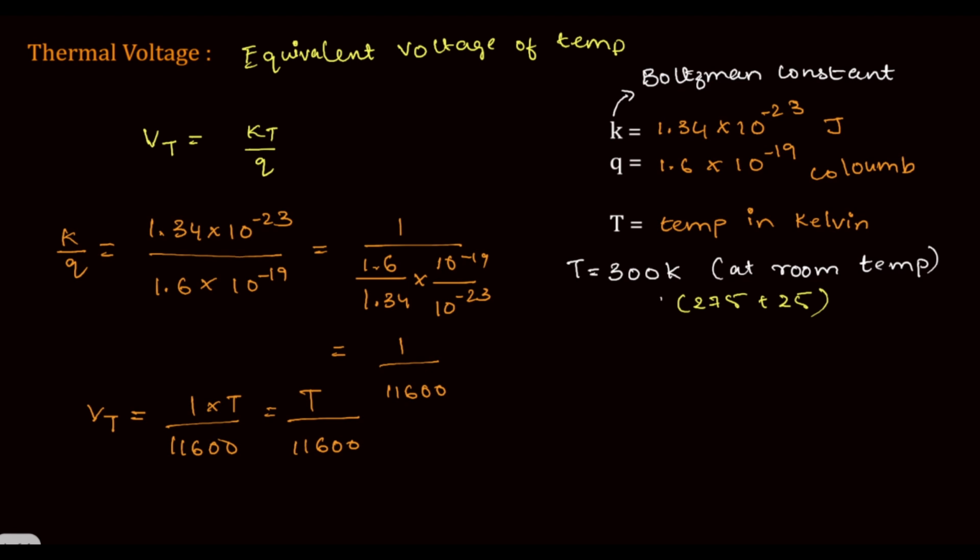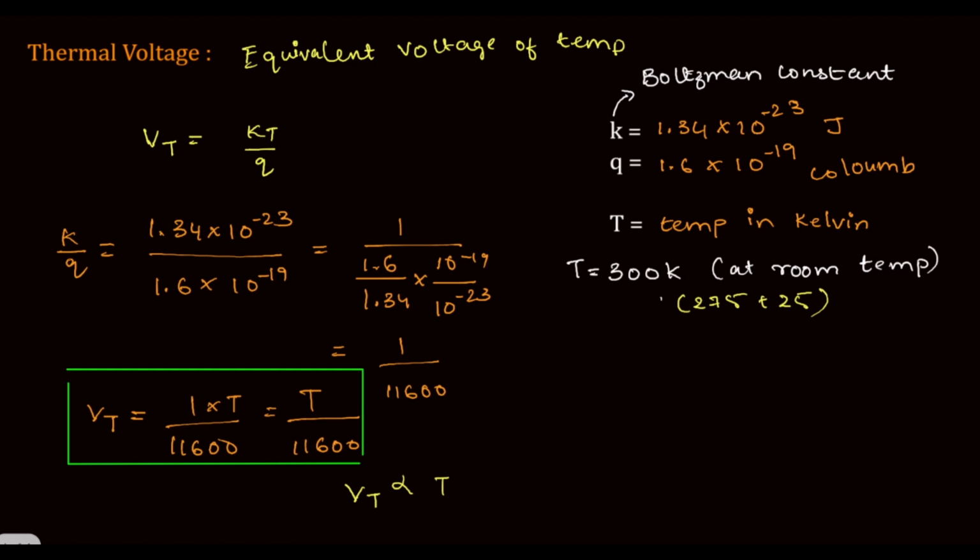So from this equation, we can draw that Vt is directly proportional to T, because k and q are constant. The value of Vt will only depend upon the temperature, because even if you take the material at different temperatures, the values of k and q will always be the same.